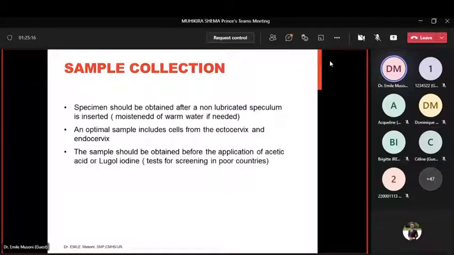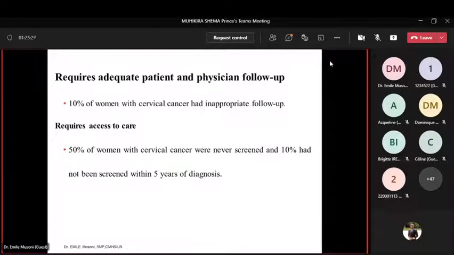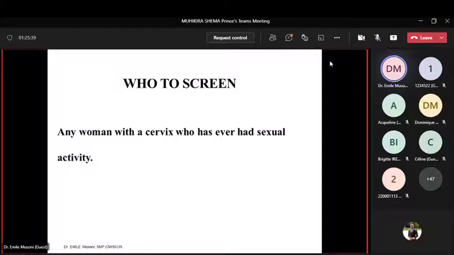So before application of acetic acid, be sure that it is 3 to 4%. Require adequate patient and physician follow-up.